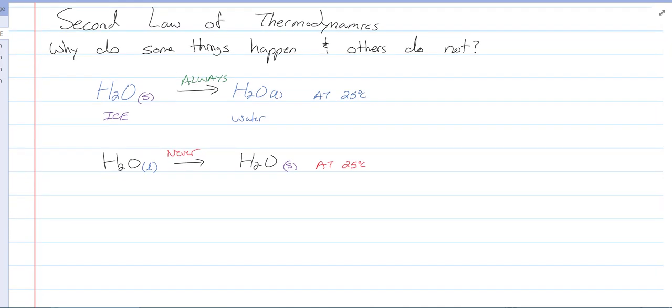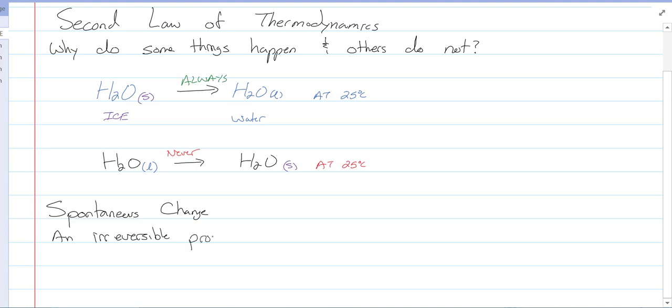Let's go back to spontaneous change. A spontaneous change is an irreversible process that, under the specified conditions, occurs by itself.